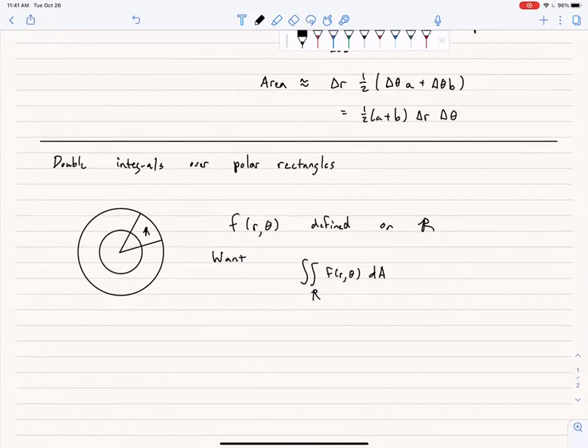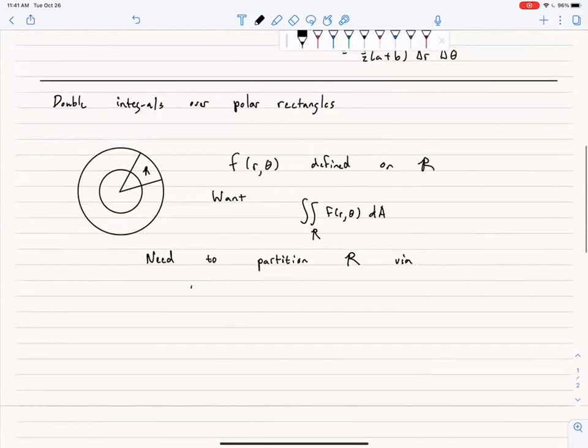So to do that, we do what we did. We break up our region. We want to form a double Riemann sum, partitioning the region into smaller polar rectangles.